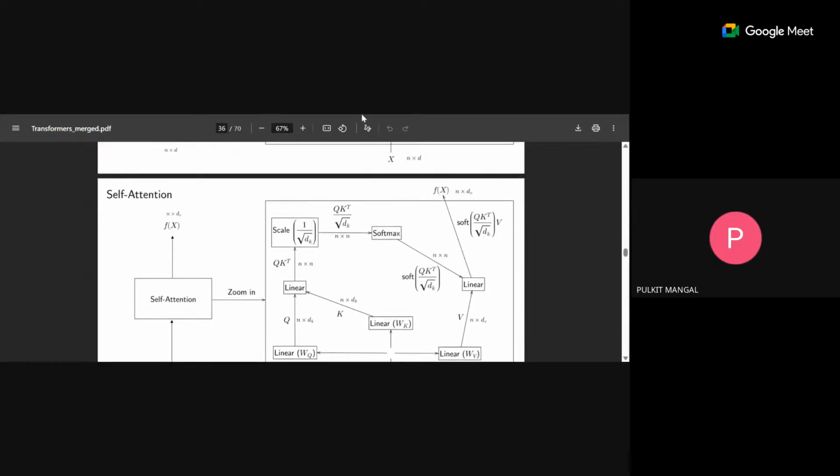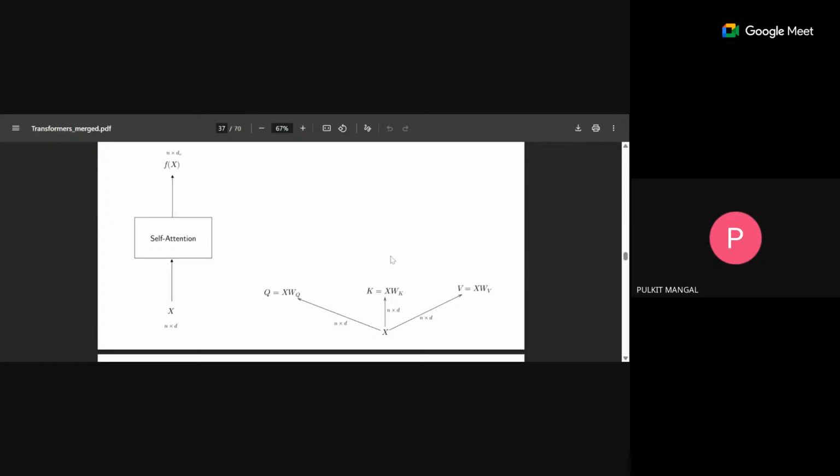Now let's talk about the dimensions a little more. You have your n cross d matrix X. You are going to multiply it with WQ, WK, and WV. So what should be the size of WQ? It should be of size d cross something, right? Only then is this multiplication feasible.